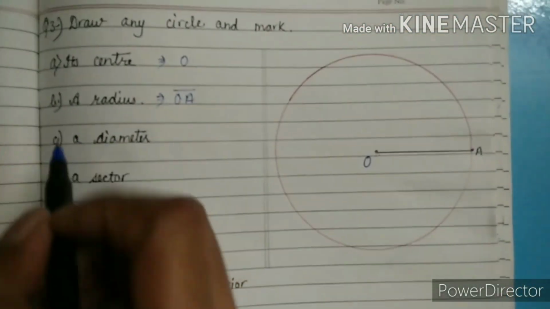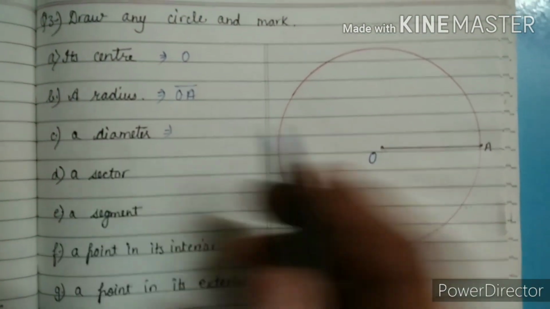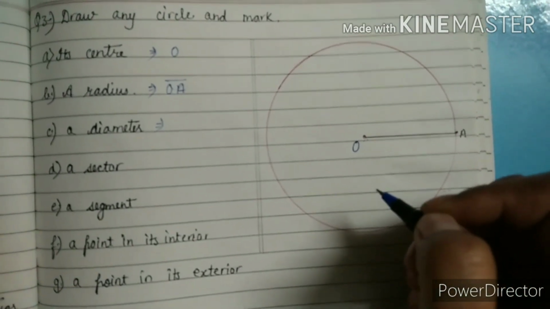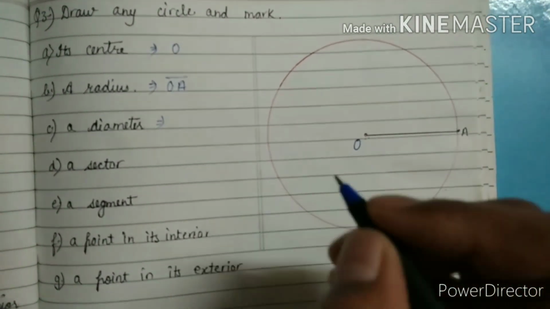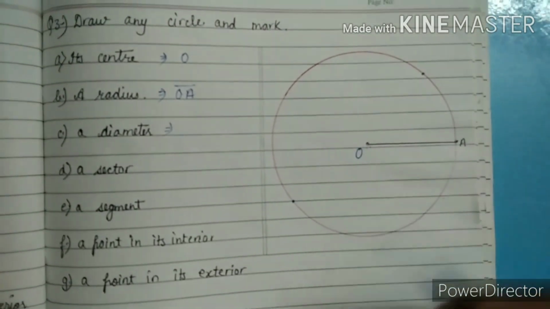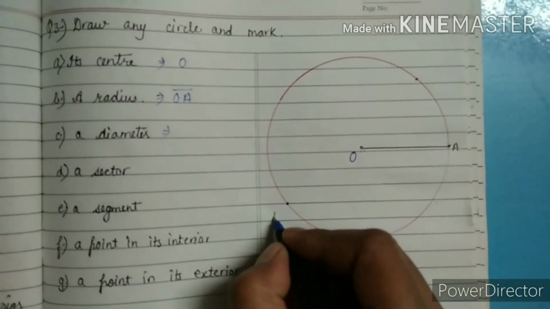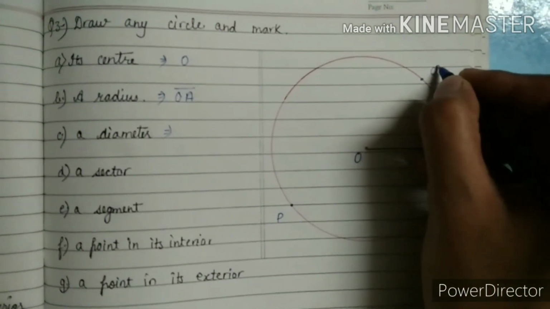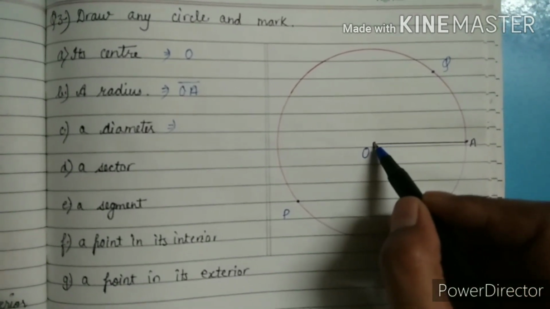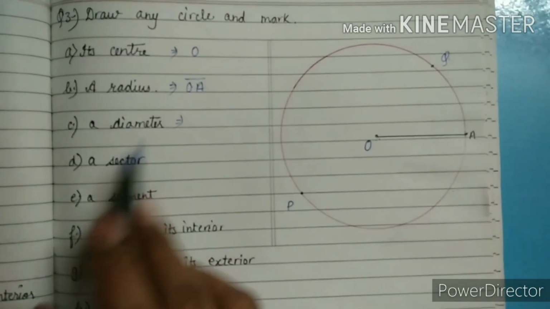Now the next is diameter. What does the diameter definition say? Diameter is a chord that passes through the center point of the circle. Chord means a line that connects 2 points. Here I am putting 2 points, P and Q. A line that passes through the center point and connects P to Q is called a diameter.